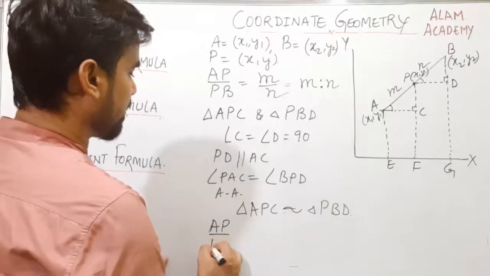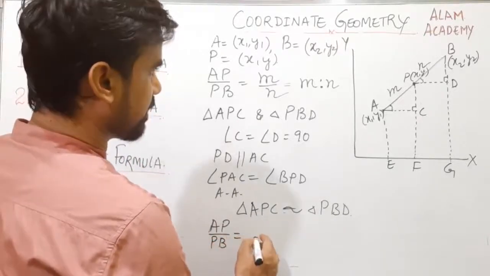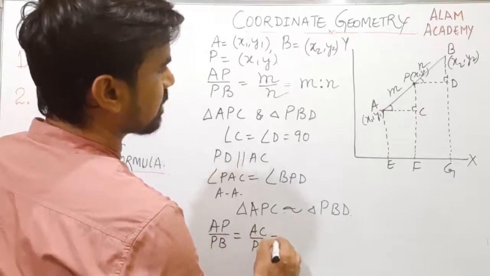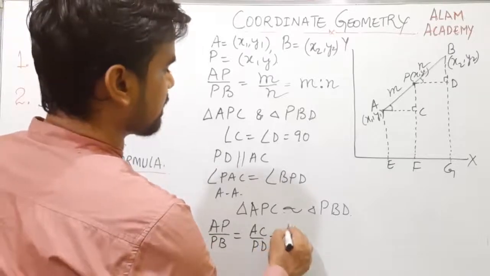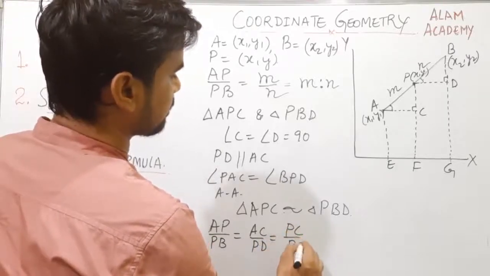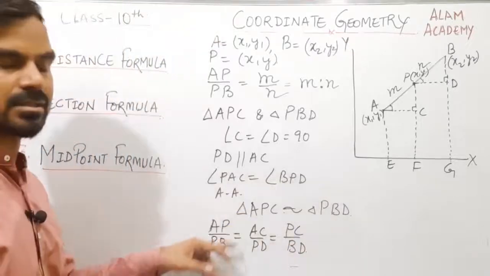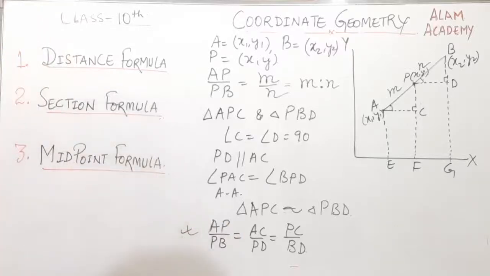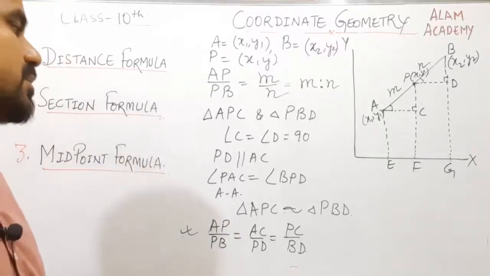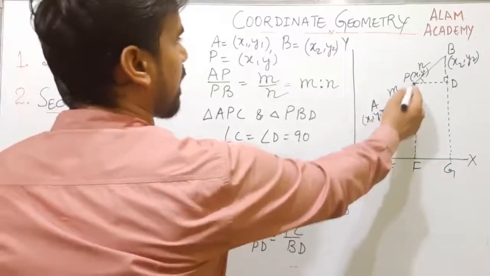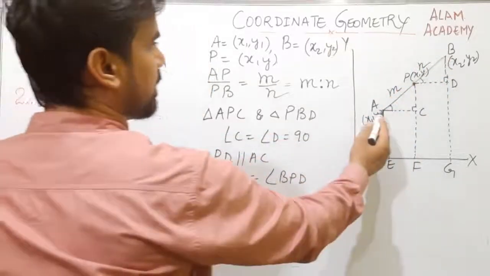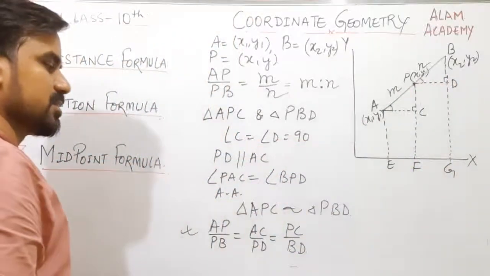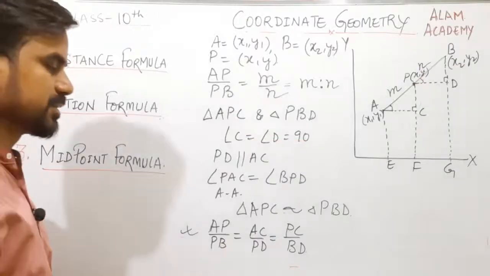So AP by PB equals AC by PD, and that equals PC by BD. The ratio of all these sides will be equal to each other.